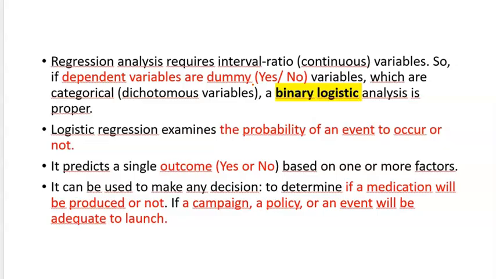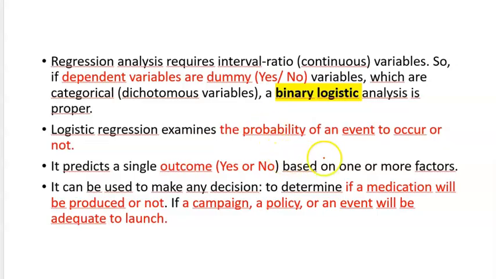According to the independent variable condition, it values whether to launch the product or not, yes or no. In the medical sector, but also in campaigns or marketing, they can use this. If a new strategy or new marketing deserves to be launched or not, you can use the binary logistic.